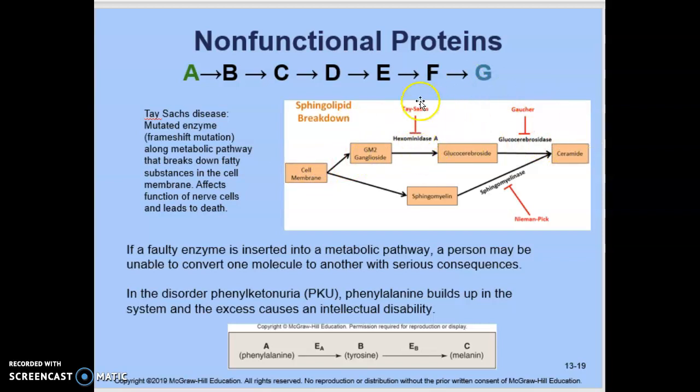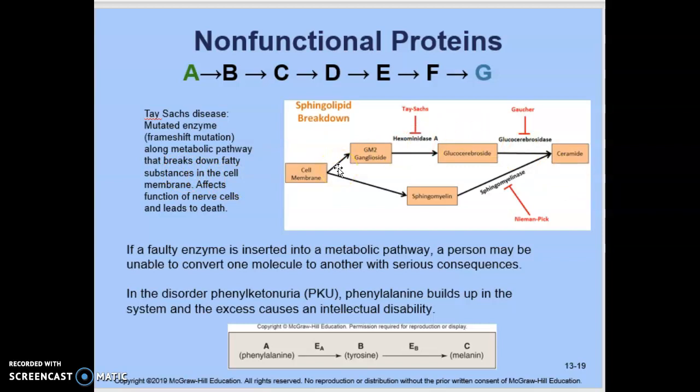So Tay-Sachs disease is where we have a problem with the enzymes right here that are going to convert this GM2 ganglioside into this chemical right here. And so this cannot happen. This ganglioside is just going to build up, and the fatty acid substance is not going to break down.